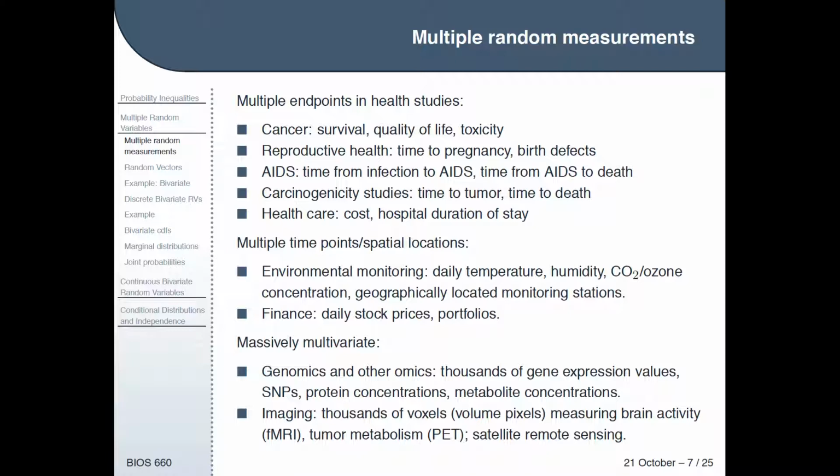so most of the discussion thus far in this class has been focusing on one random variable at a time, but nowadays it's very rare for you to do a study where you only collect one variable of interest.